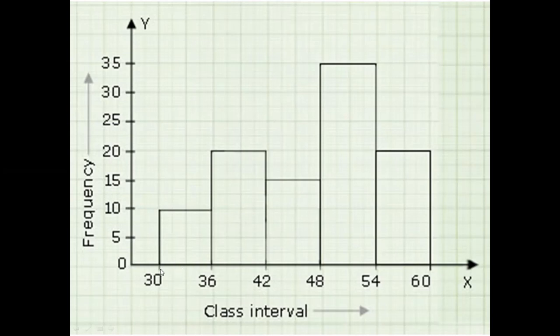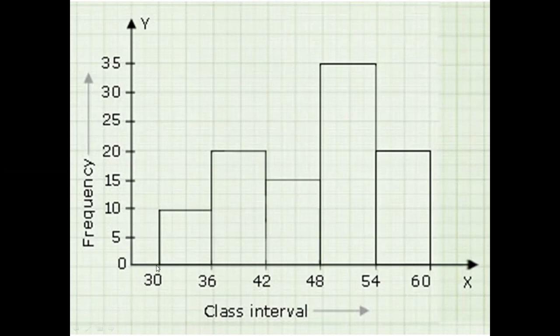So here 30, 36, 42, 48, 54, 60. Again, the difference between two consecutive values is the same. So 36 minus 30 is 6, 42 minus 36 is 6, 48 minus 42 is 6, 54 minus 48 is 6, 60 minus 54 is 6.